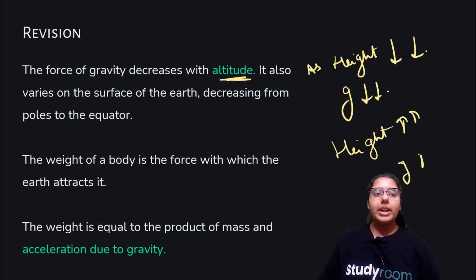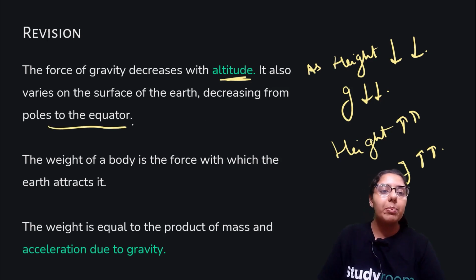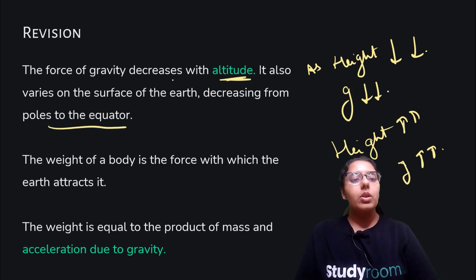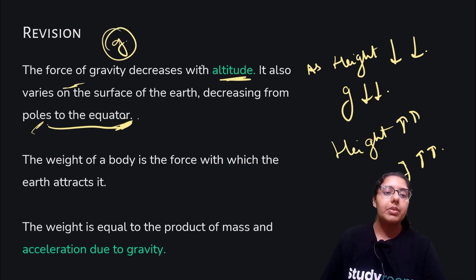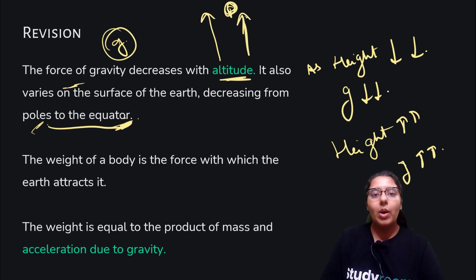It also varies on the surface of Earth, decreasing from poles to equator. So, your force is minimum on the equator and maximum on the poles, because your g decreases with altitude. So the pole has a smaller altitude, so you have greater force.